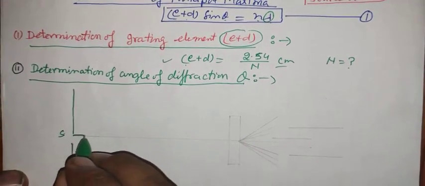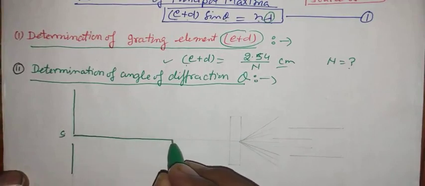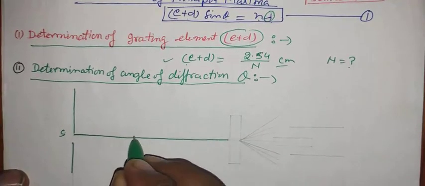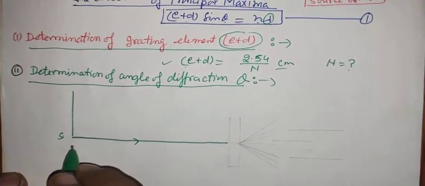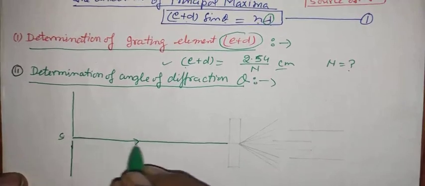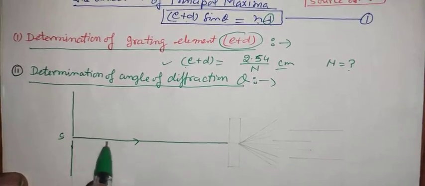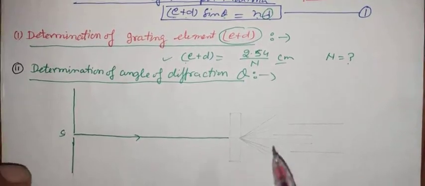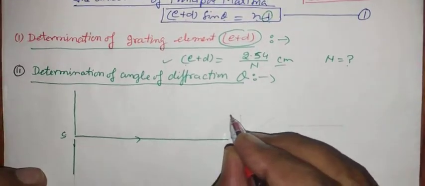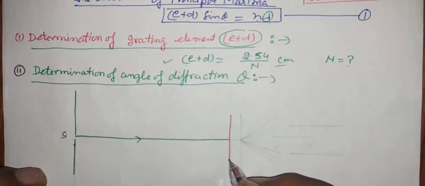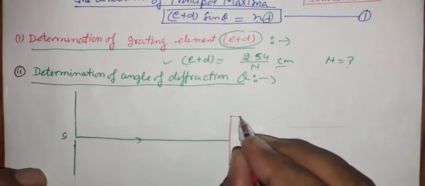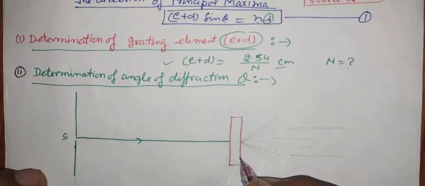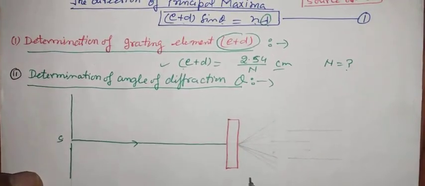Let it be a pencil beam of light passing through the slit and falling on the grating, which is kept on the prism table or grating table.